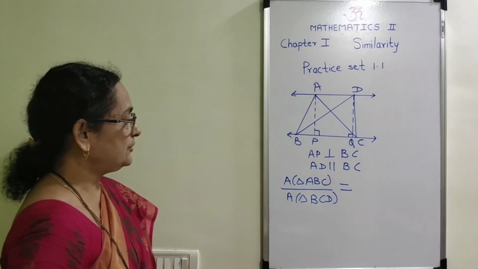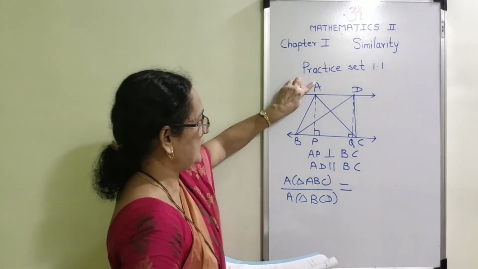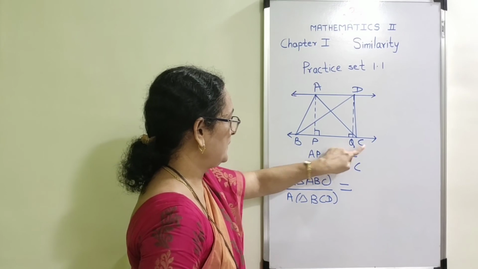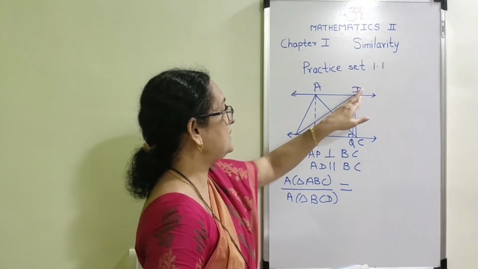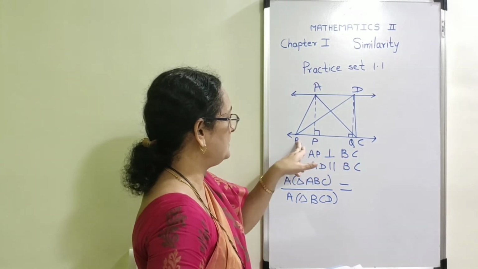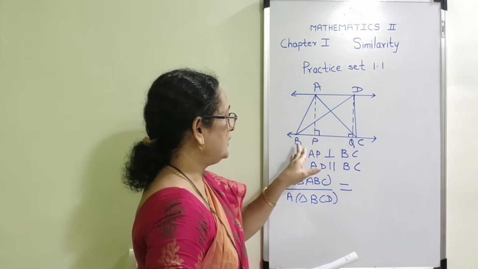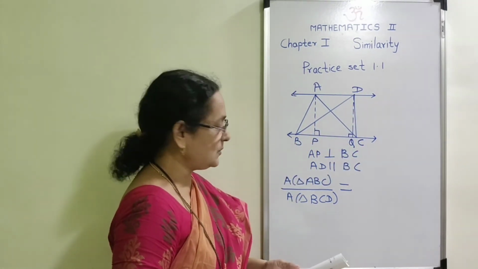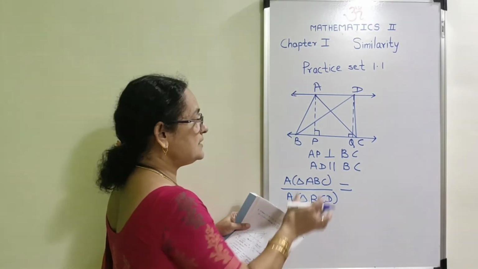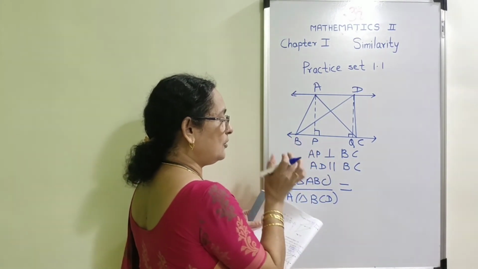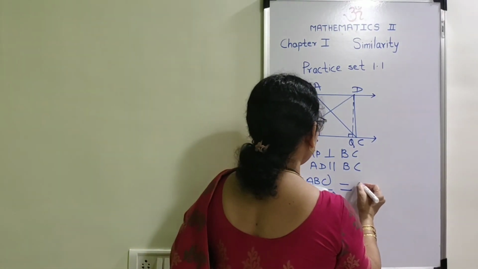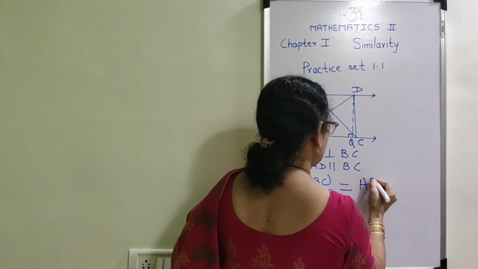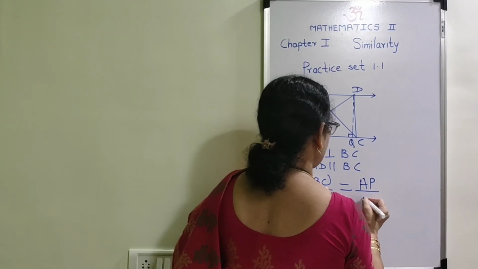Now observe the two triangles. First one is ABC, having BC as the base. Second one is BDC or BCD. Here base BC is also common, and therefore these two triangles are having a common base, and therefore the ratio of their areas is equal to the ratio of their corresponding heights.